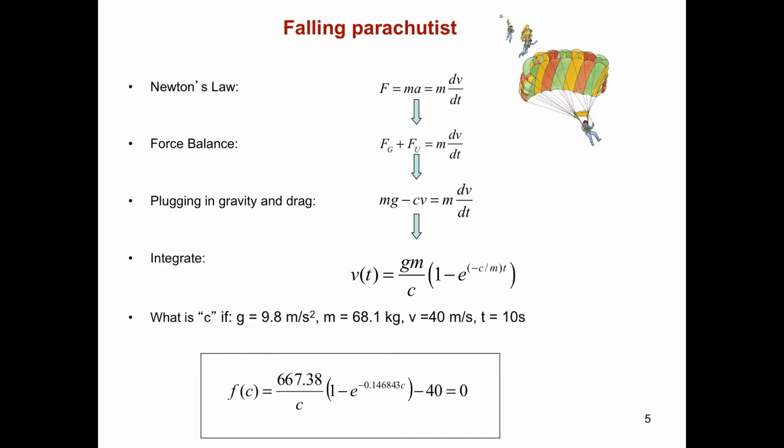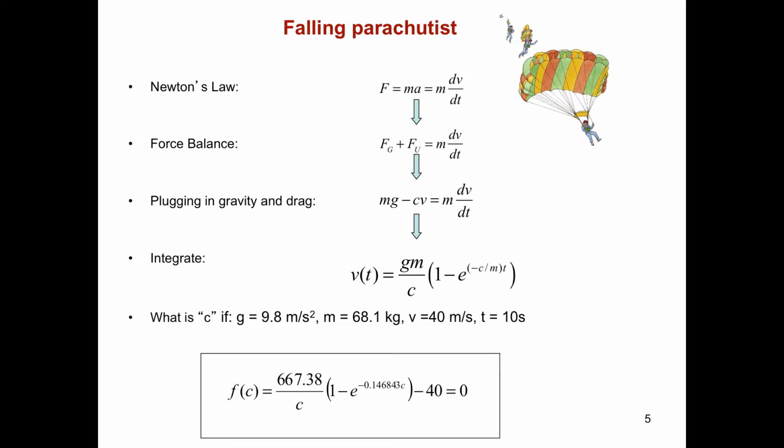So you will get f of c as this function, plugging in all of the values that you measured. V and t are the things that you measure. When you plug them in, you get that f of c is equal to 0, and that's how one finds coefficients that are relevant in an industrial product. Essentially, I can find c by finding the root of this nonlinear equation.